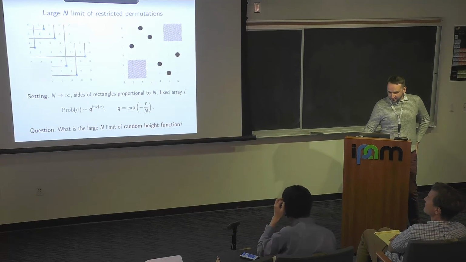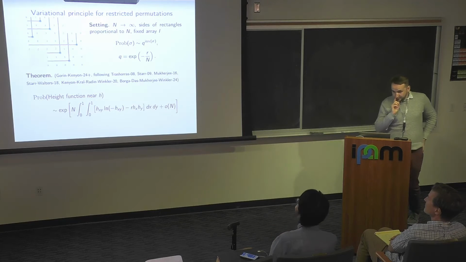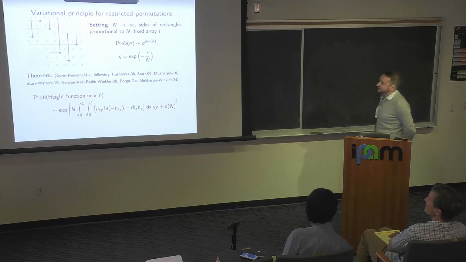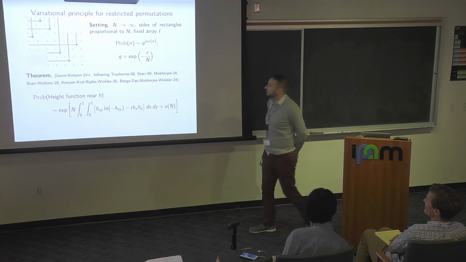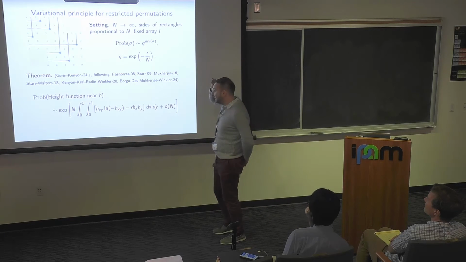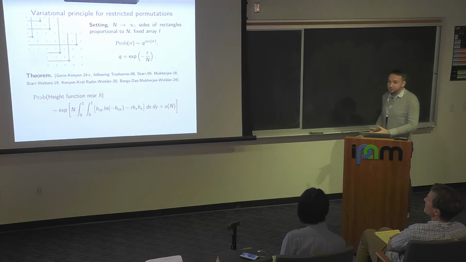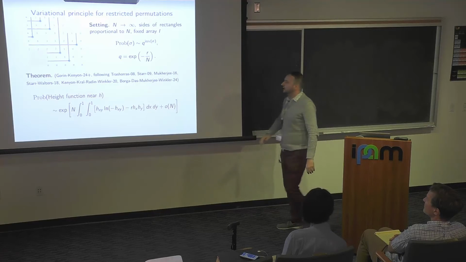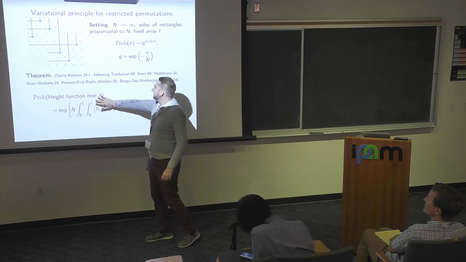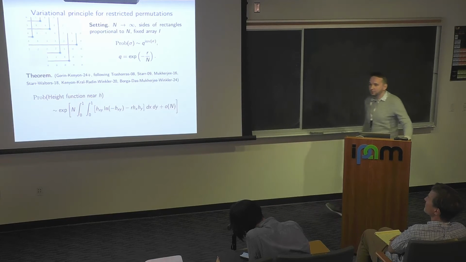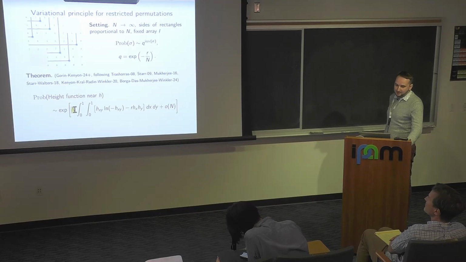Okay, so what is the large n limit? The first result which you can prove about the large n limit is some form of variational principle for this model. So n goes to infinity, q goes to 1. What's happening with the height function? It turns out that if you want to compute the probability that your height function approximates some limiting profile, small h, then this probability is approximately n times a double integral of a certain expression, which you can call surface tension.